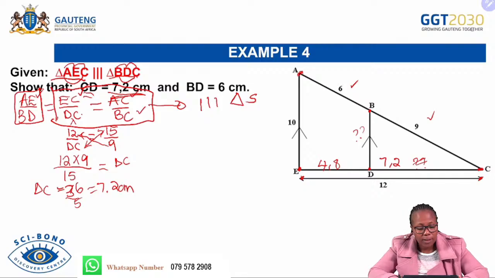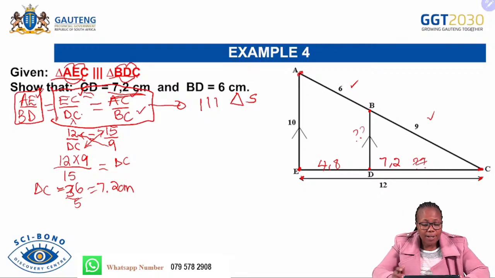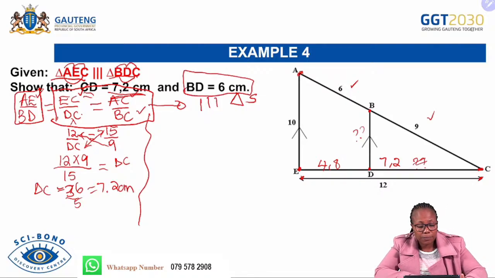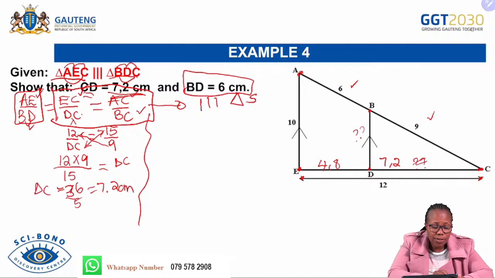Okay, right. And then moving forward, we now want to calculate BD. Show that BD is 6 centimeters. BD is on that ratio breakdown. That means we can take AE over BD. We are avoiding this one, or you can use it because CD was given to you.